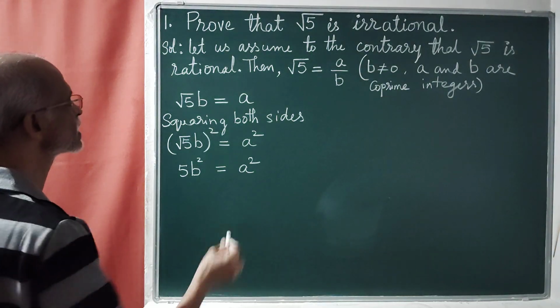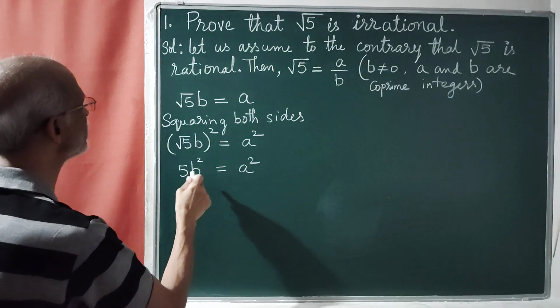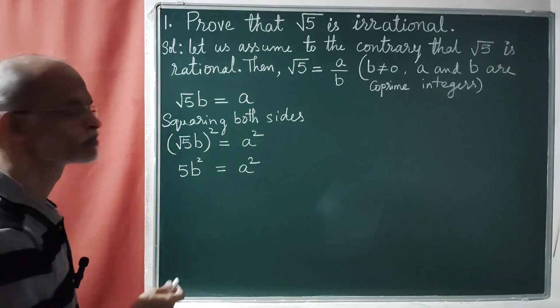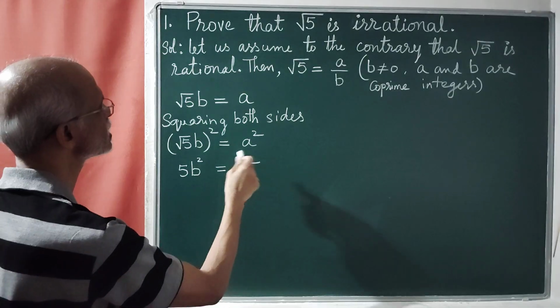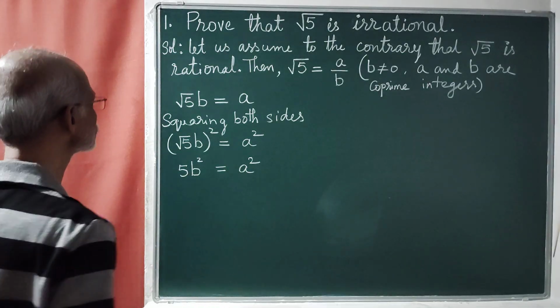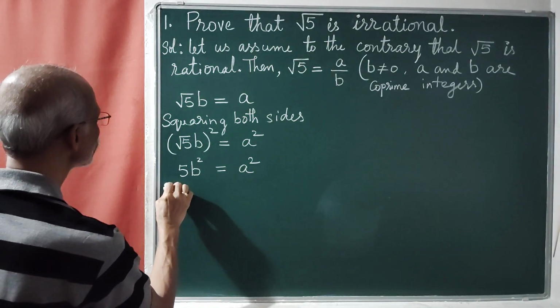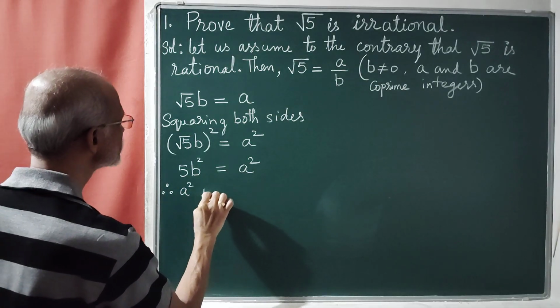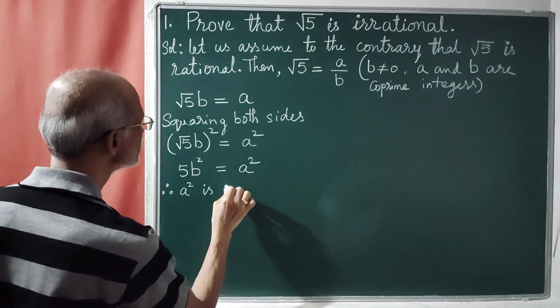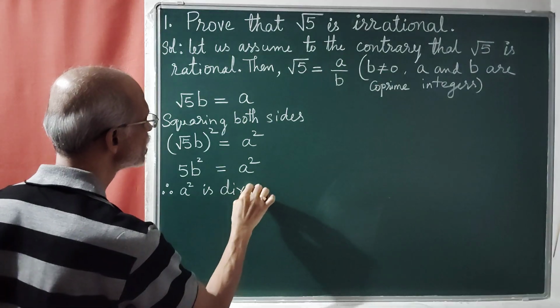You can see here a square is a multiple of 5 because 5 into b square is a square. So a square is a multiple of 5. Therefore, a square is divisible by 5.